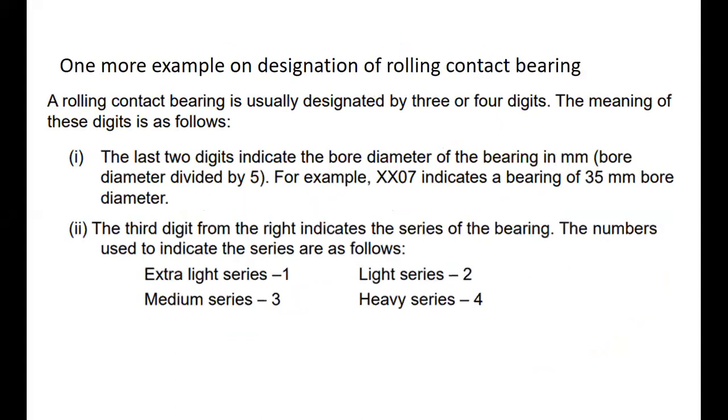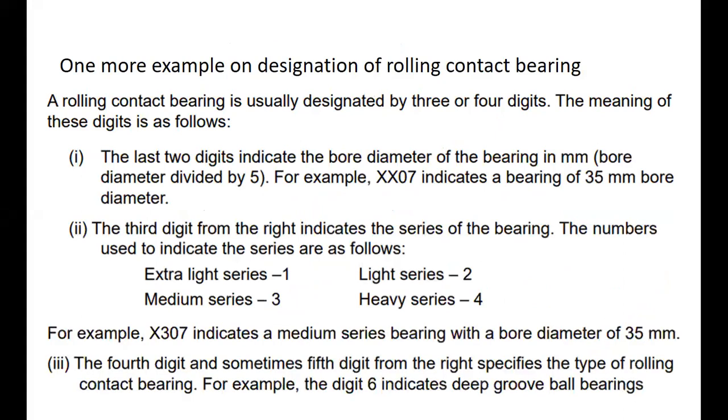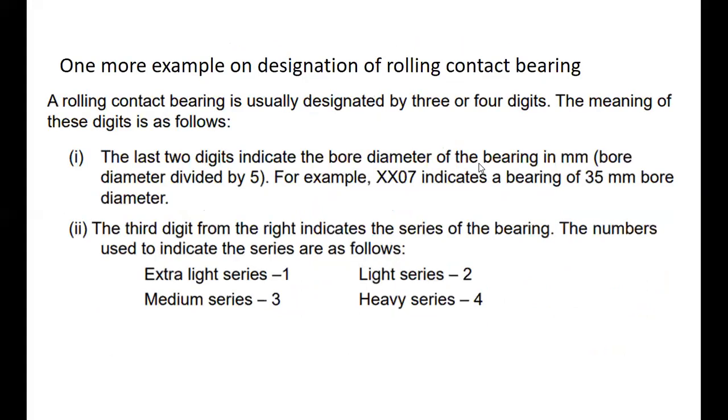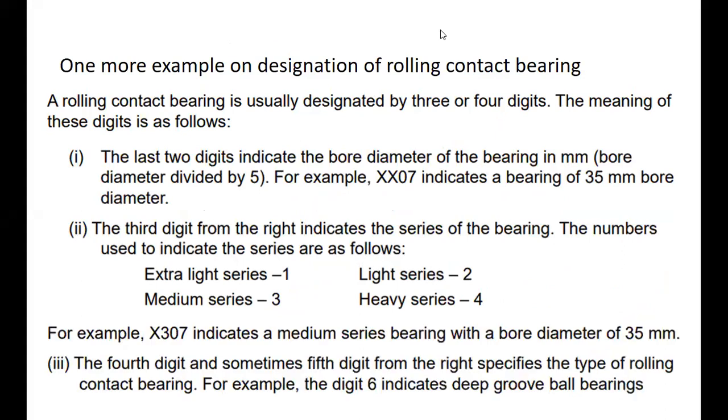Let's go to one more example. Now, see guys, what is this trying to say? It is trying to say that a rolling contact bearing will not necessarily be indicated by a proper 4-digit number, but it can be designated by 3 or 4 digits.